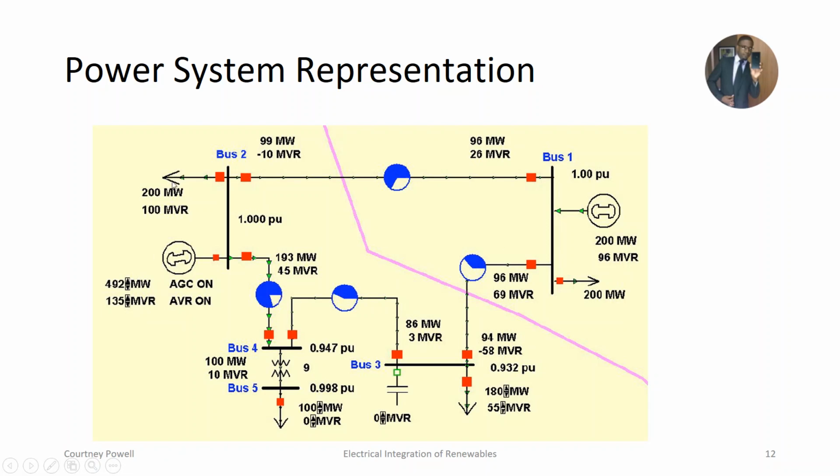This line with the arrow at the tip is representative of a load, maybe an industrial load. In this case, we're looking at 200 megawatts and 100 MVAR, megavars.